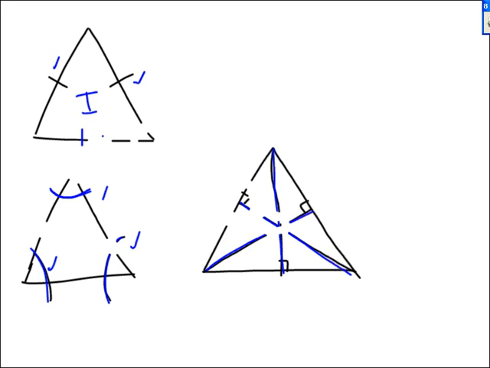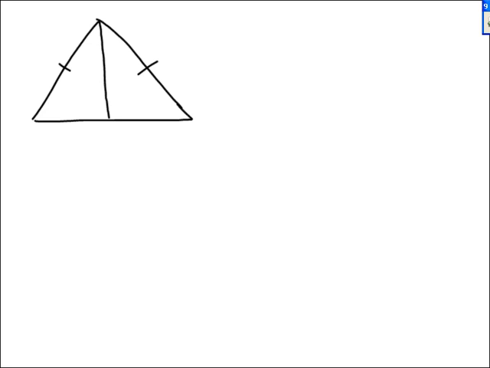Let's try another problem. We want to prove that the altitude to the base of an isosceles triangle bisects the vertex angle. That is, if you have an isosceles triangle, this altitude bisects this angle.